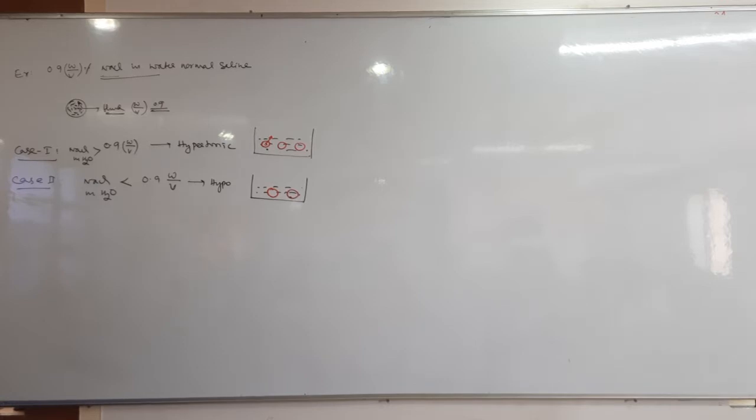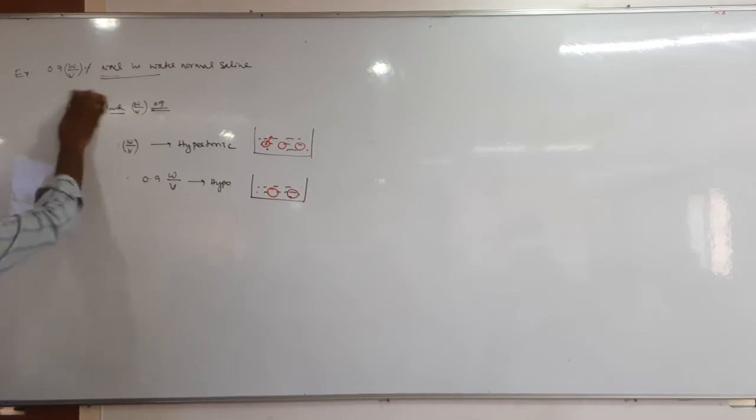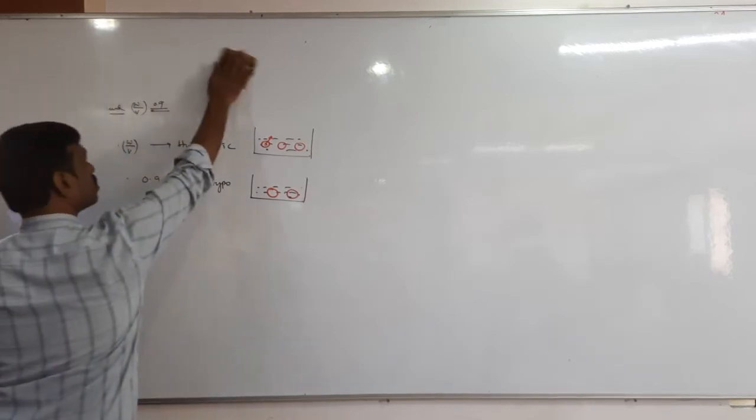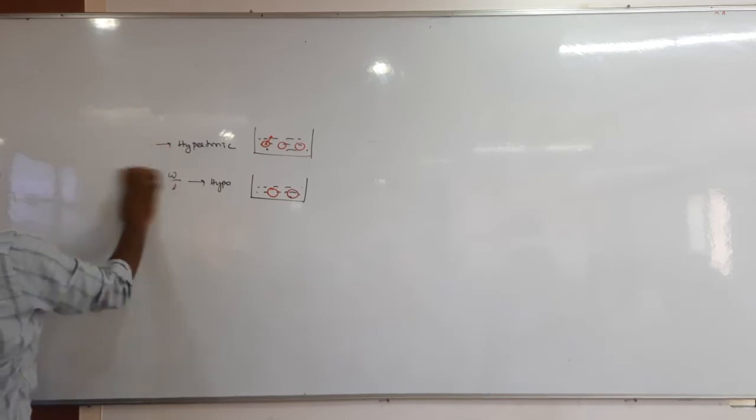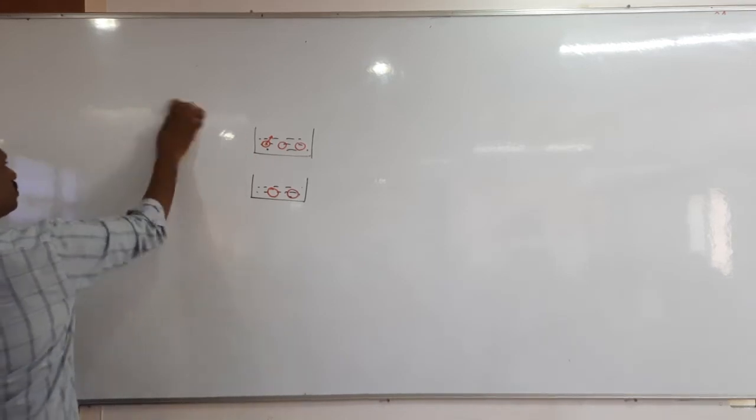Next, case 2. If the NaCl in water concentration is less than 0.9 W by V, it is called a hypotonic solution.